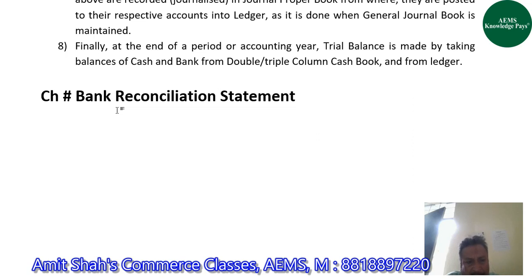At the end of a particular period, let's say every week or every fortnight or every month at least, we match the balance of bank in our books with the balance in the bank's books. Have you got me?